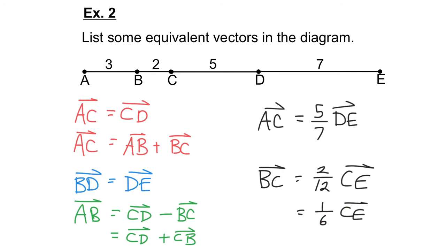Okay, now you probably had something different than I did there. As long as the length of the vector over here multiplied by the scalar value in front is the same as the vector you wrote over here, then you're good. And just make sure that the letters are written in such a way that they're going in the same direction.